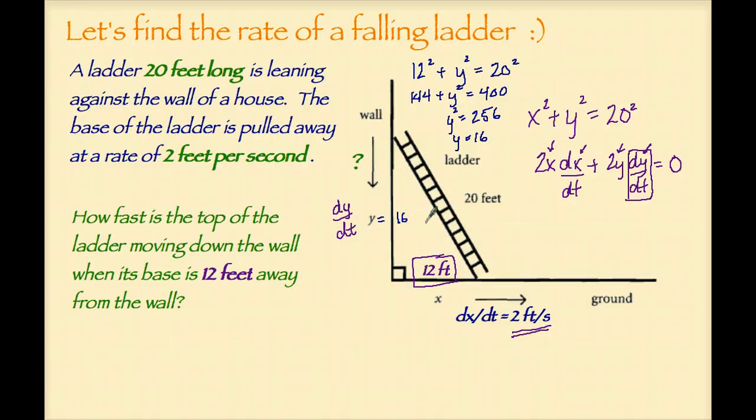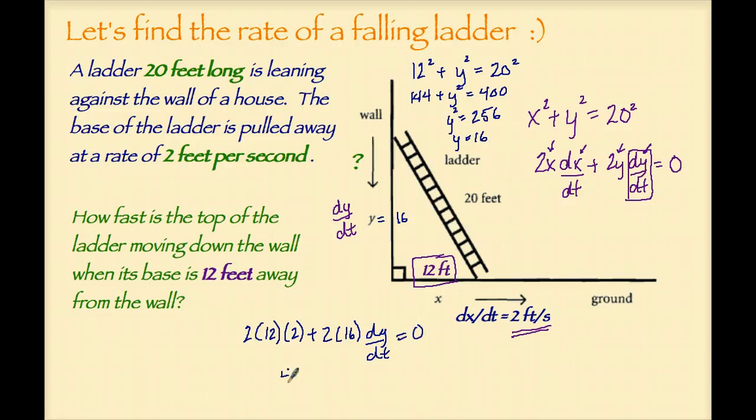All right, now we have the 3 variables that we need in order to solve for the 4th one. So let's do that down here. 2 times x, which is 12, times dx dt, which is 2, plus 2 times y, which is 16, times dy dt, the variable that we're solving for, equals 0.